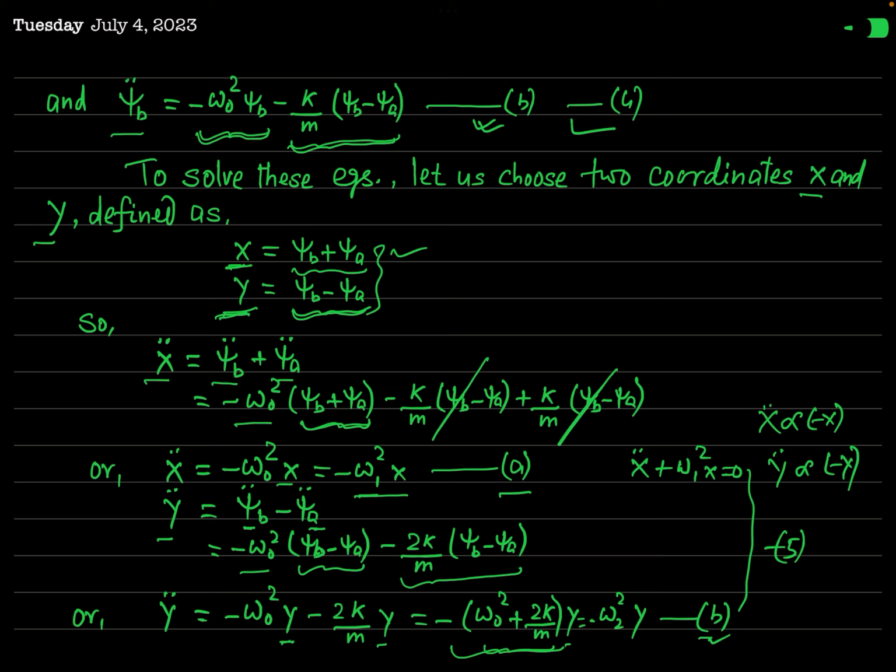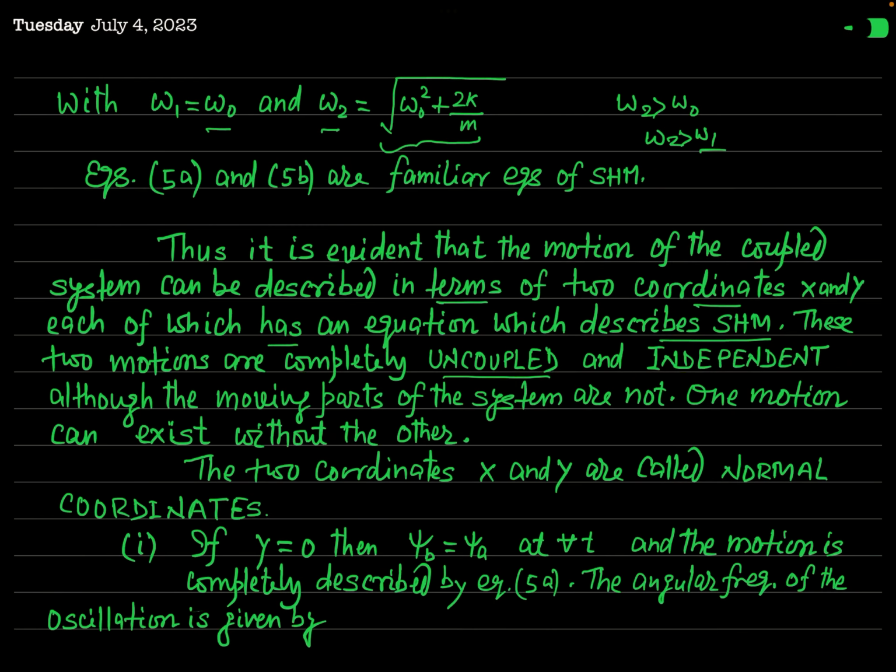So the motions represented by equations 5a and 5b are completely independent from one another, and so these two equations are called uncoupled equations. Okay, these are uncoupled equations and independent from one another.